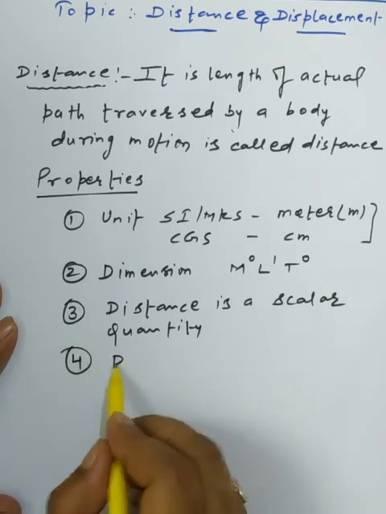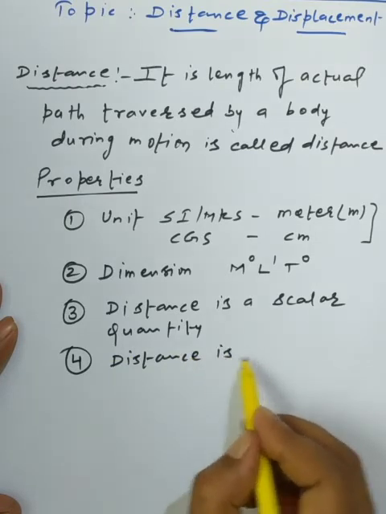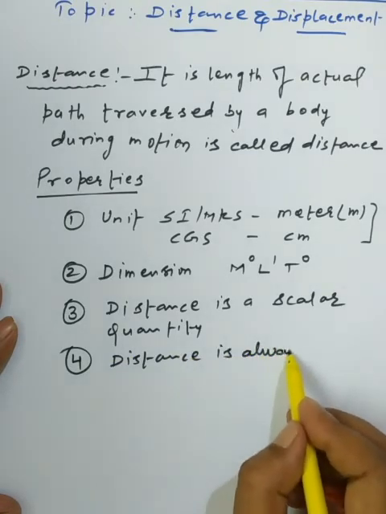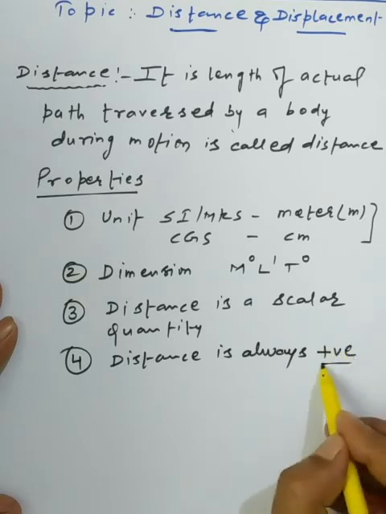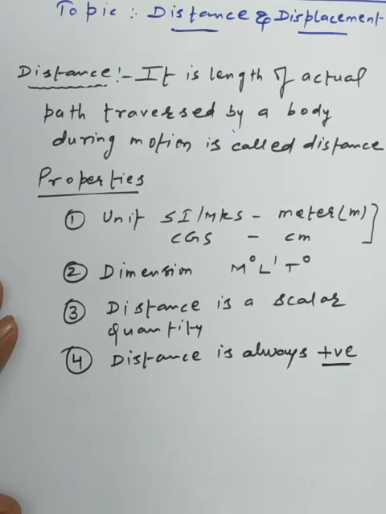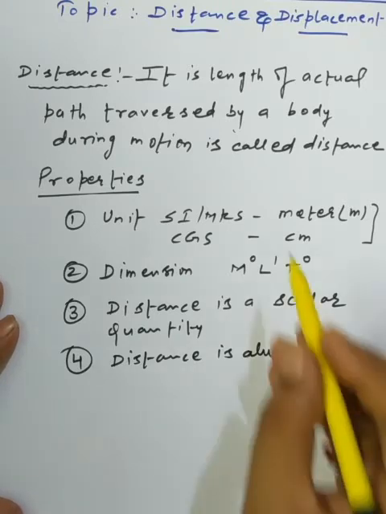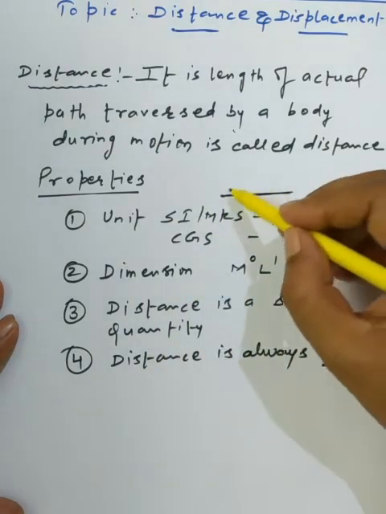Now, distance is always positive. This is the symbol of the positive sign we have. So it is always positive, in whichever direction you measure the distance. We can plot a pictorial, that is geometrical, diagram.